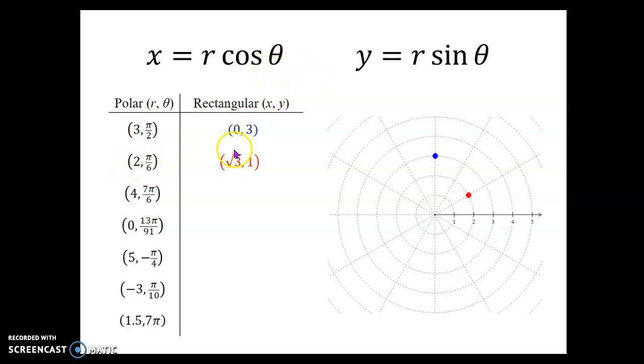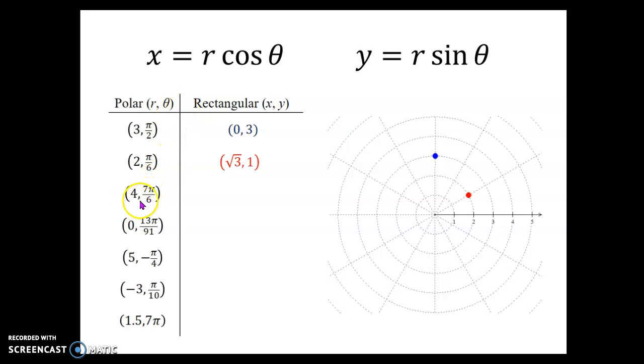That's 2 times square root of 3 over 2. So just square root of 3. And the y coordinate is r times the sine of pi over 6. That's 2 times 1/2, or just 1. So this is the point in rectangular coordinates that's over square root of 3, approximately 1.73, and up 1.